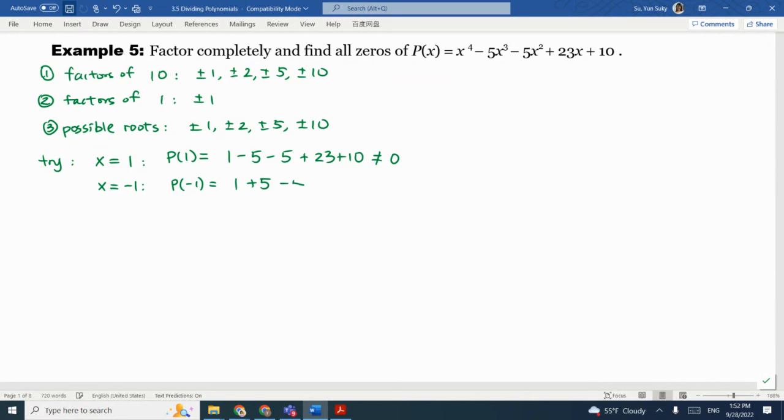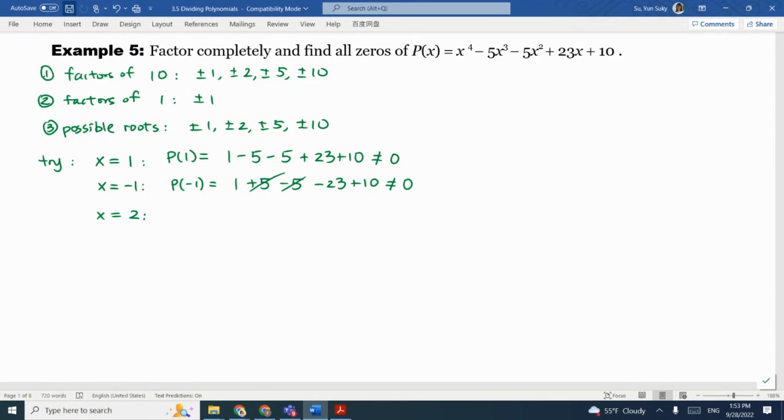So we have -5. -1 times 23 is -23, plus 10. Is it equal to 0? No. Okay. Keep going. Sometimes you don't know where to stop. Just keep going until you find the roots.